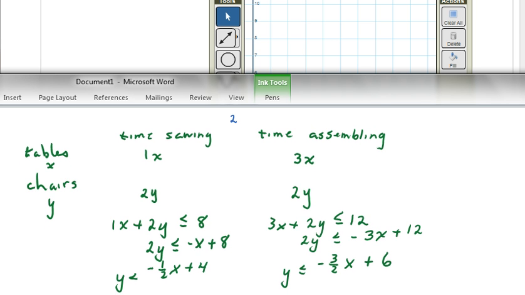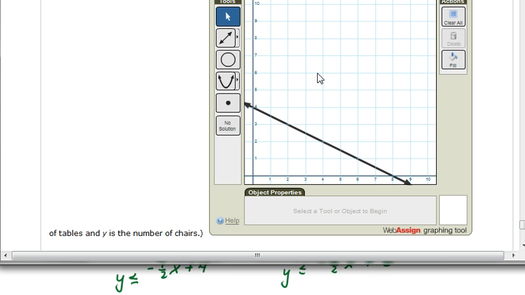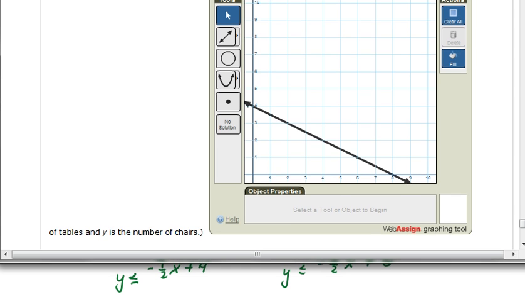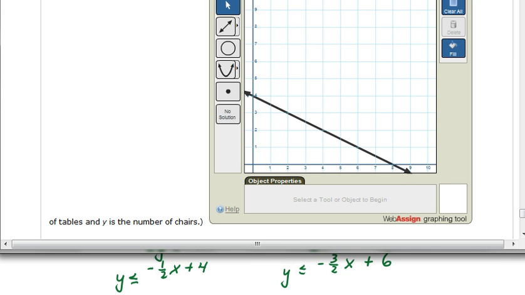I'm sorry, I should have had less than or equal to in that condition there. So we will be leaving the line as a solid line, and it's less than so it's everything on or below.